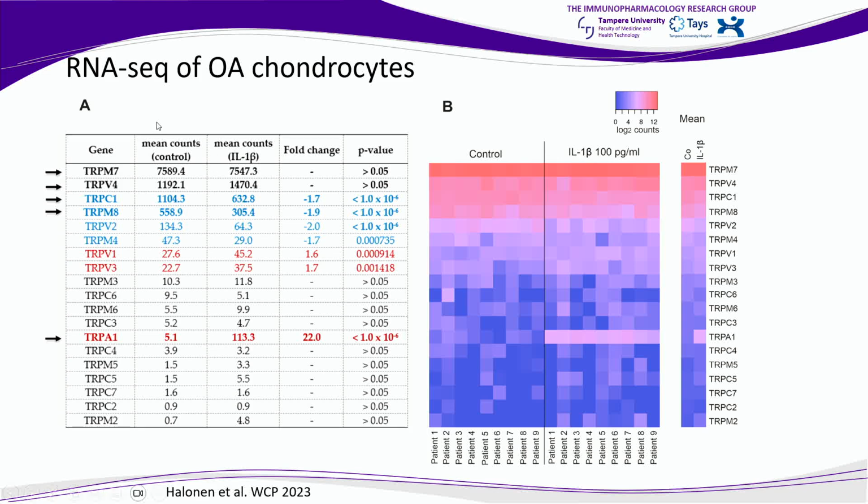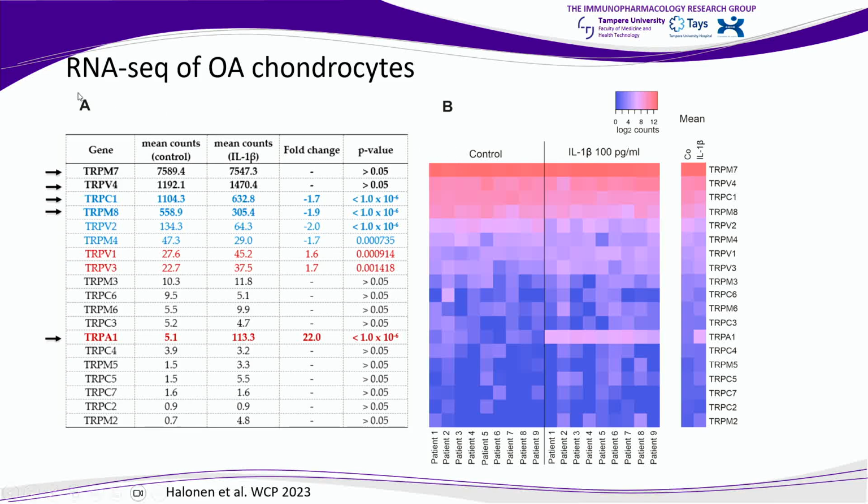We here also have TRPM7 really highly expressed, and also V4, C1, and M8 with slightly smaller counts, but still quite significant counts. And we decided to choose the 4 most expressed TRP channels here for further experiments. And also we want to choose TRPA1 as a positive control, and also because it is so reactive to inflammatory stimuli.